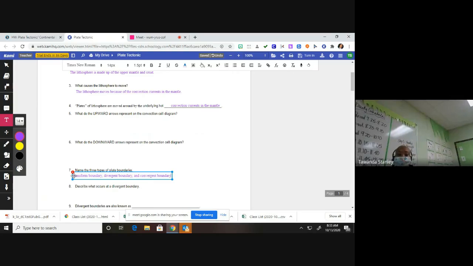Those are the three types of boundaries. Again, the three types of boundaries are convergent boundary, divergent boundary, and transform boundary.